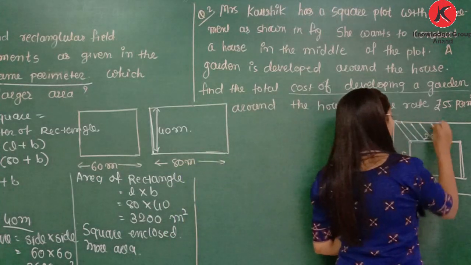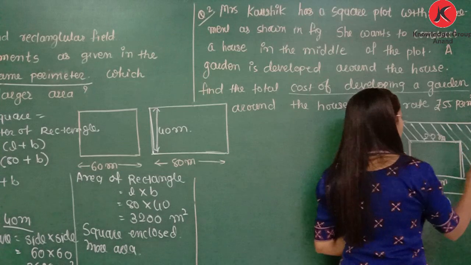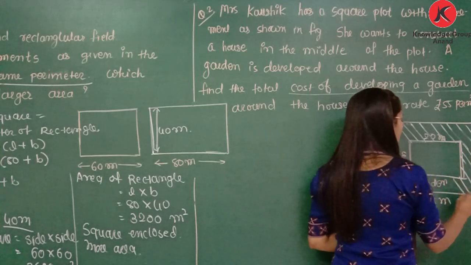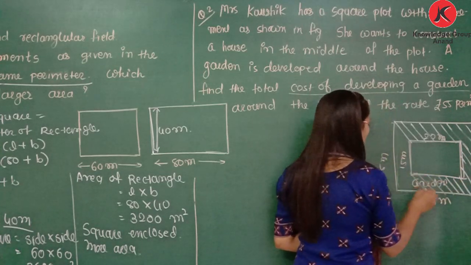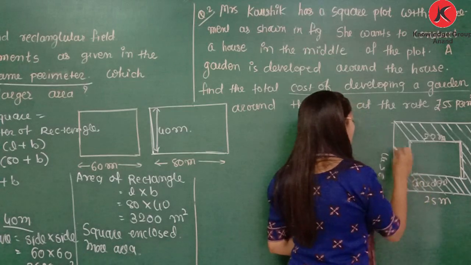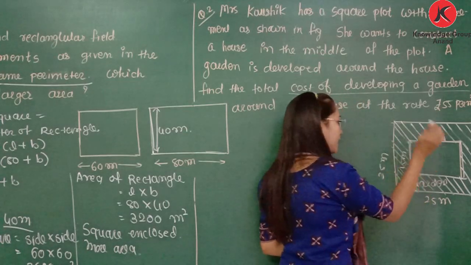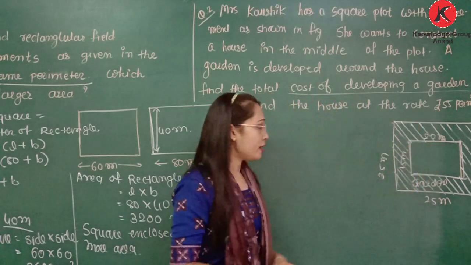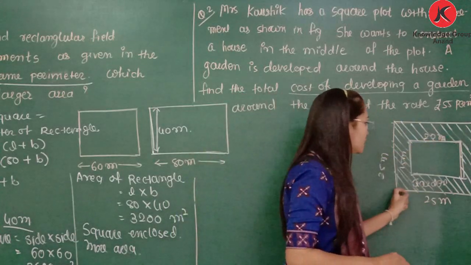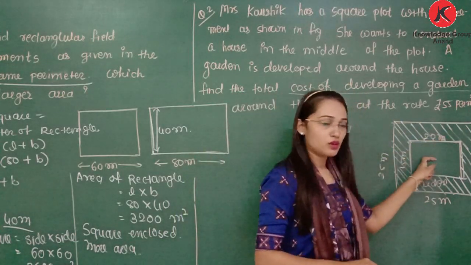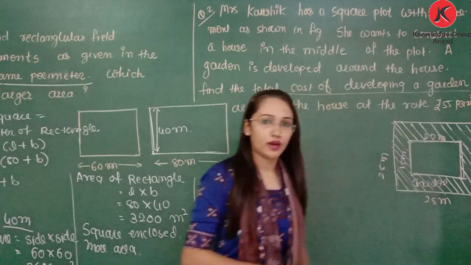So first of all, we will find the total area of the plot. Then we find the area of the house. And from the total area, we will subtract the area of the house. So the remaining will be the area of the garden.